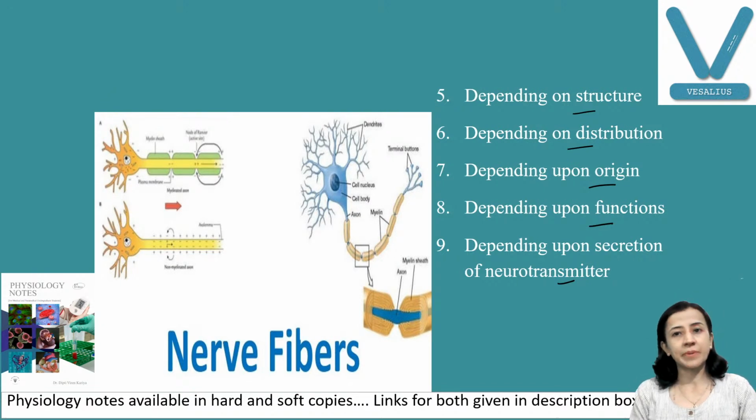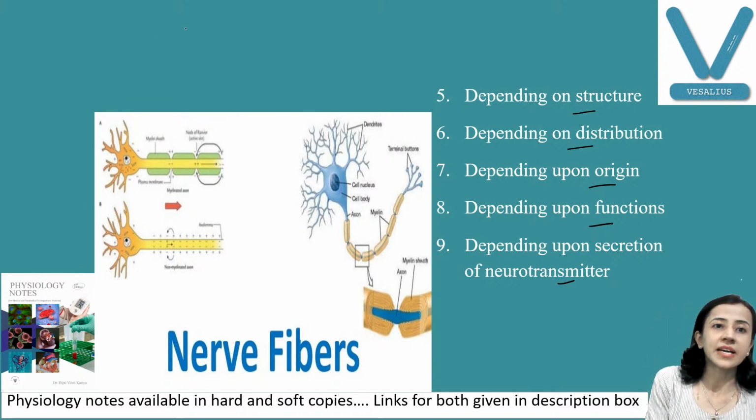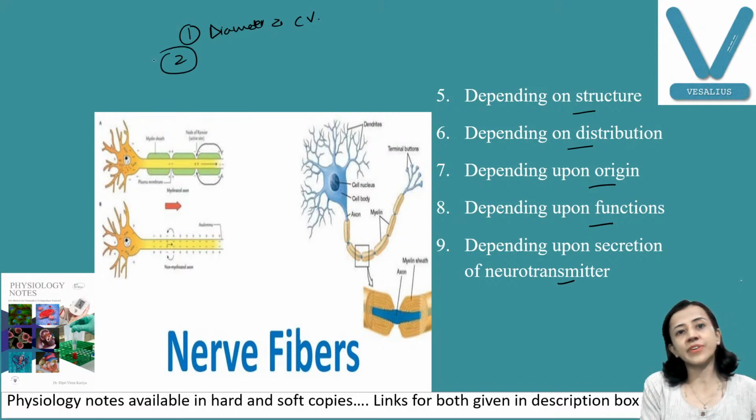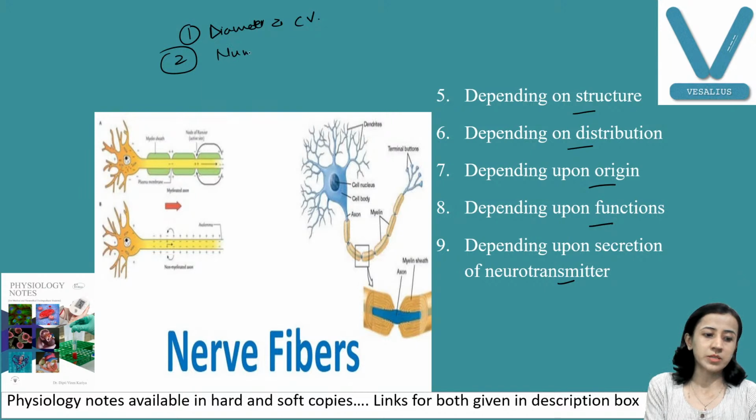So again I repeat, if your question is classification of nerve fiber, you have to classify by 9 headings. Let us repeat all the headings. Number 1, Erlanger-Gasser classification depending on diameter and conduction velocity. Second, numerical classification according to numbers.